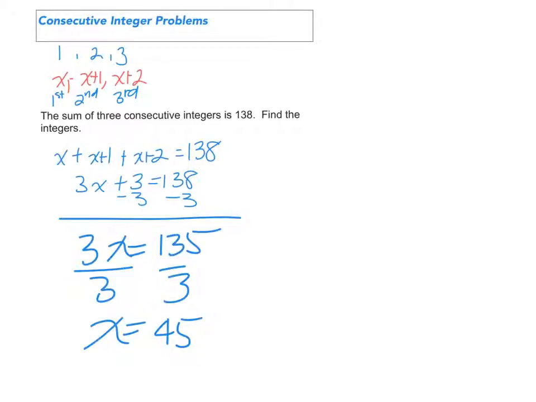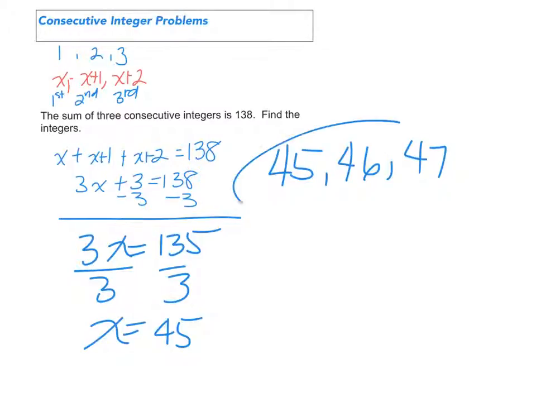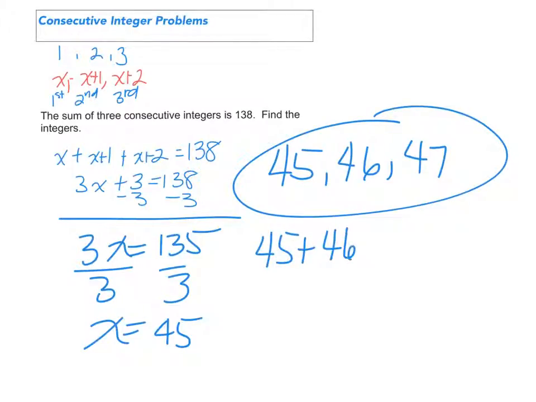So if my first number is 45, my second will be 46, and my third would be 47. If I add them to check, 45 plus 46 plus 47, wouldn't you know, I get 138.